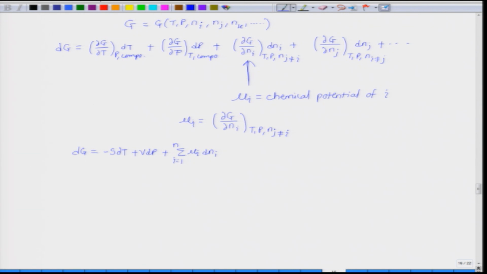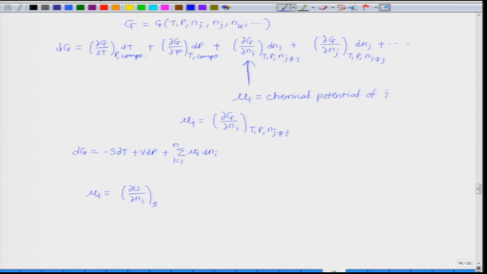So, one more thing quickly, this chemical potential can also be defined in terms of Helmholtz free energy or enthalpy or even internal energy, right. So, in terms of internal energy you can define it as the change in internal energy due to addition of 1 mole of I, and we know U is a function of S and V.